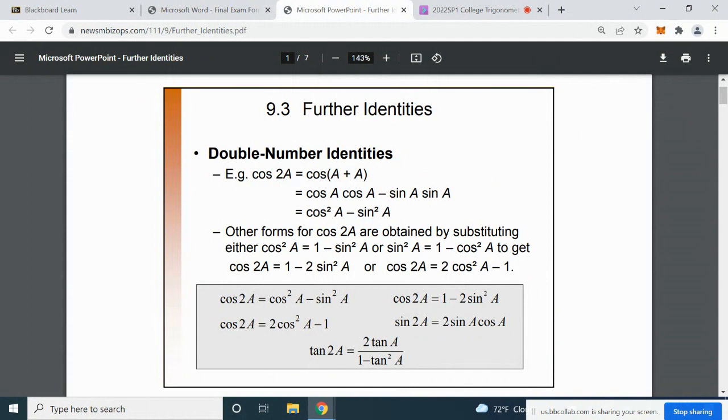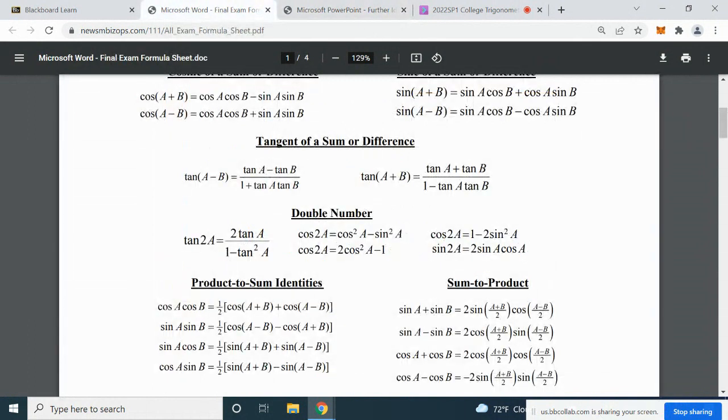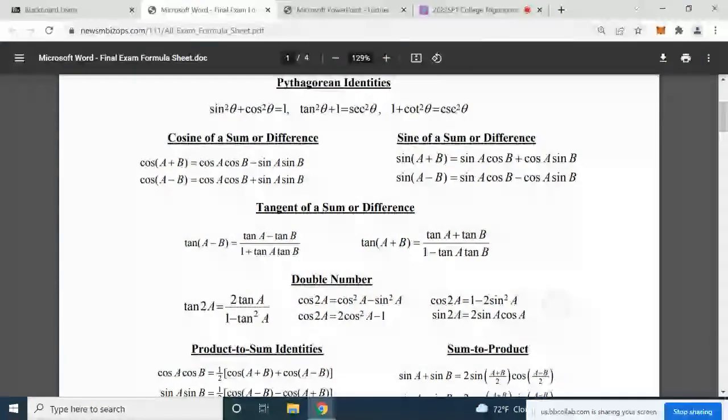If you look at the very top, it says that the cosine of 2A is equal to cosine of A plus A, because A plus A is 2A. Then the sum of cosine formula is used. Going back momentarily, the sum of cosine formula is this first formula: cosine of A plus B is equal to cosine A times cosine B minus sine A sine B. But in our example, we're using A plus A, so we would simply substitute A for all of the angle measures.